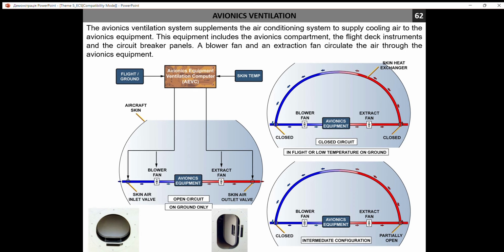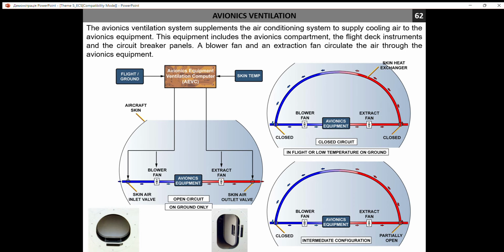And if we simplify our diagram, you may see that we use outboard air that is blown by the fan into the avionic compartment, and an extract fan that takes hot or warm air and guides it outside through the flap.